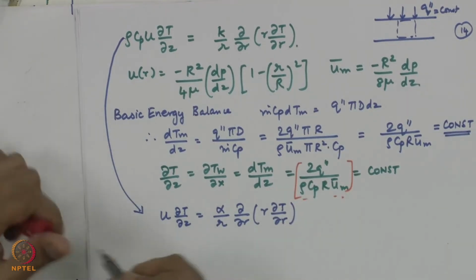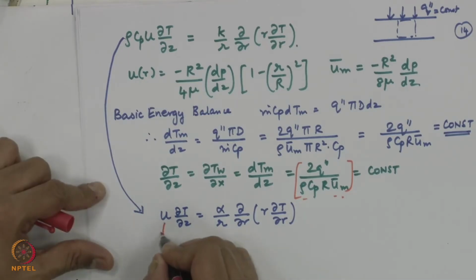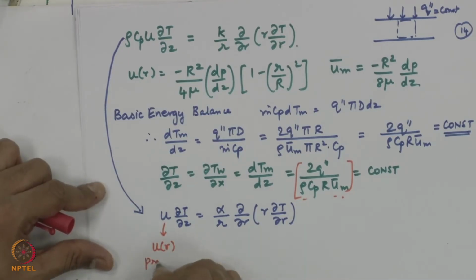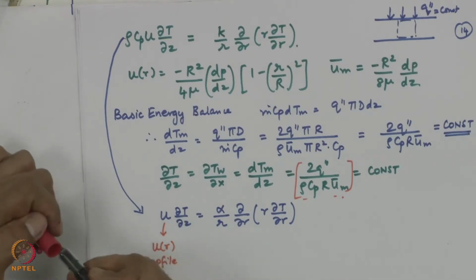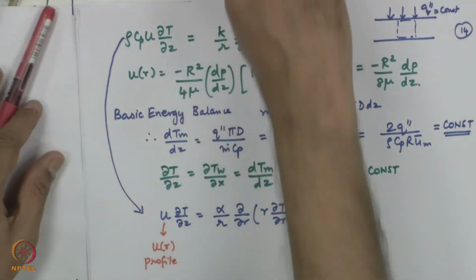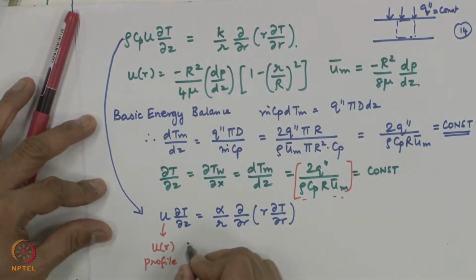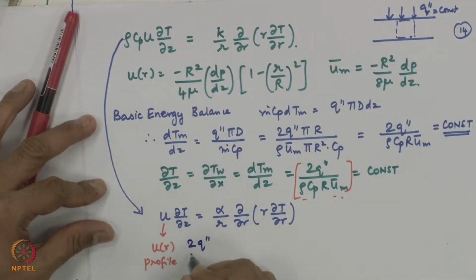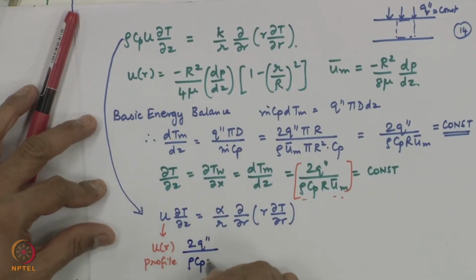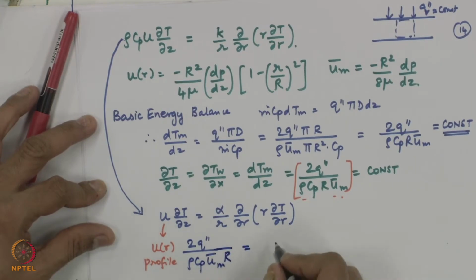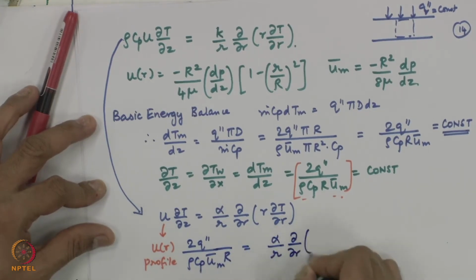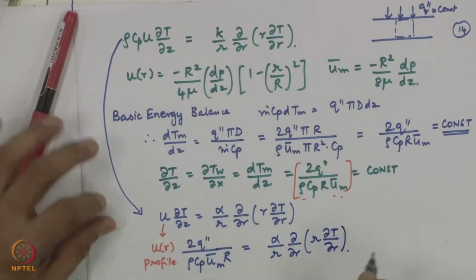This is u of z, this is local velocity, so this is nothing but u of r profile. This dT/dz I am going to use directly from here, that is 2 q double prime by rho Cp u bulk mean into r is equal to alpha by r d/dr of r dT/dr.